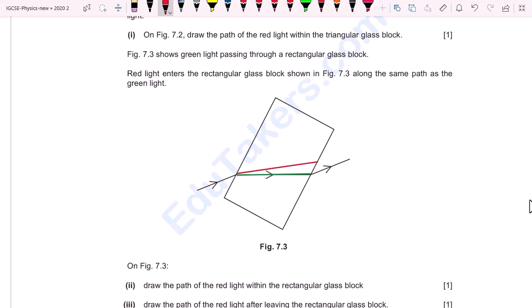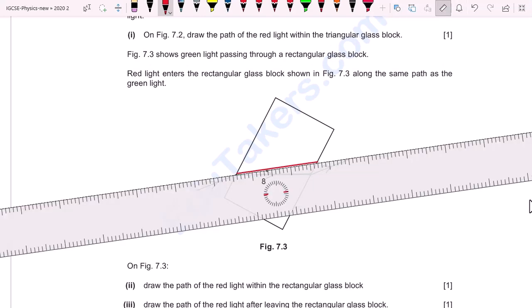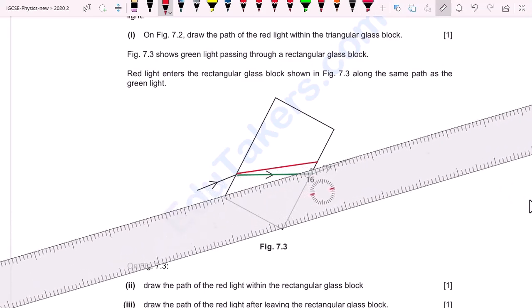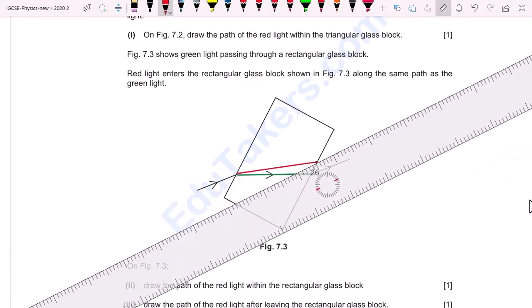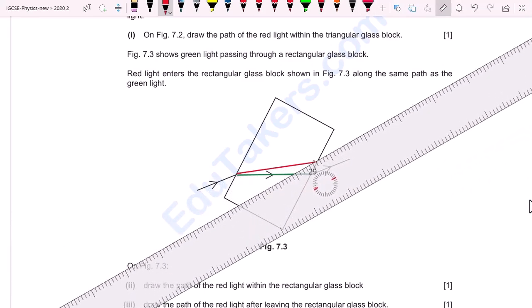We know that when a ray comes out of the block, it will be parallel to the incident ray. So the path of red light will be the same as that of the incident light. So I redraw here again. It will be just like this.